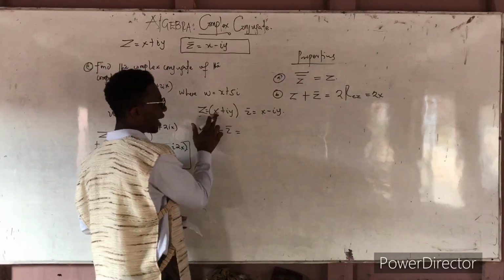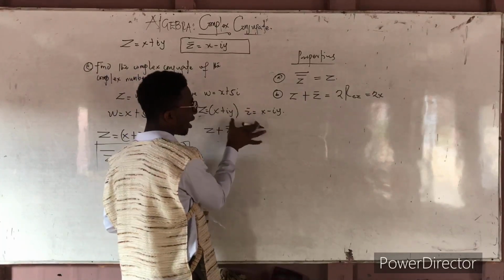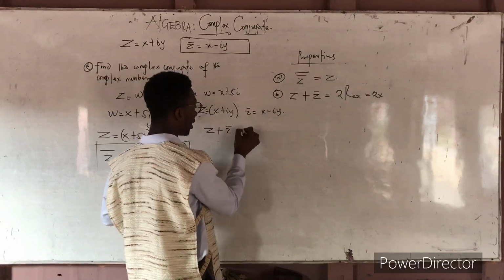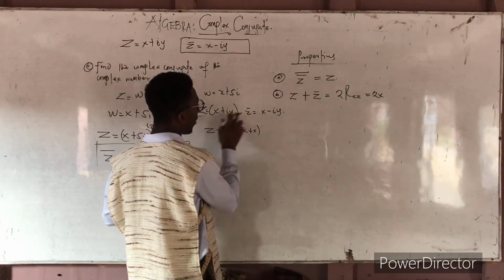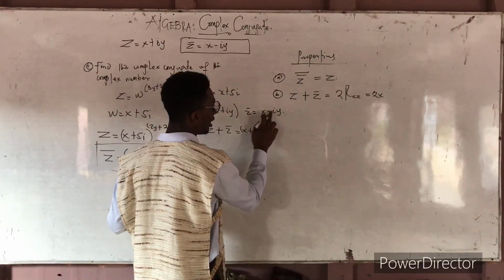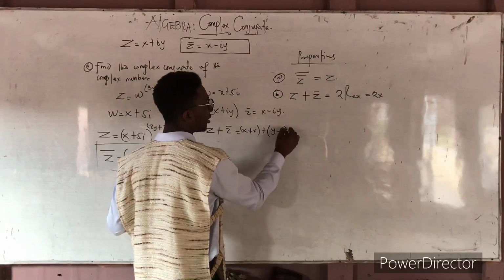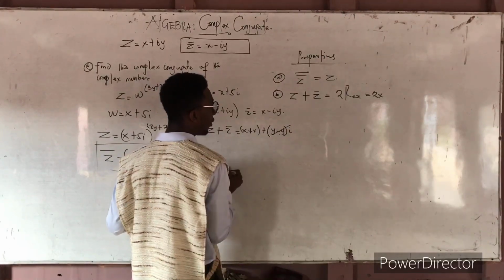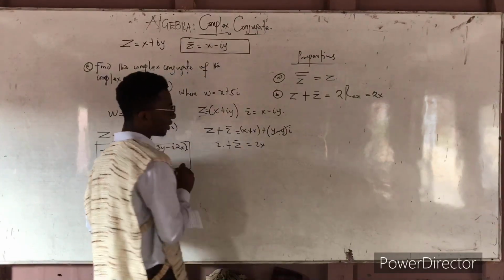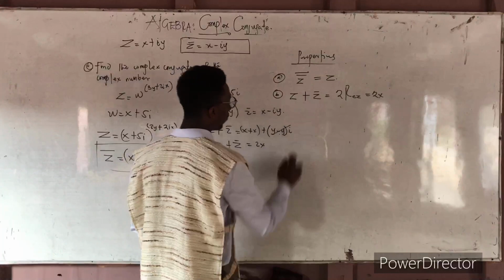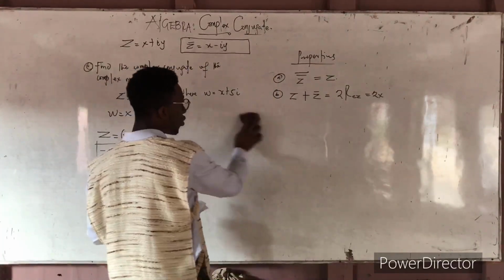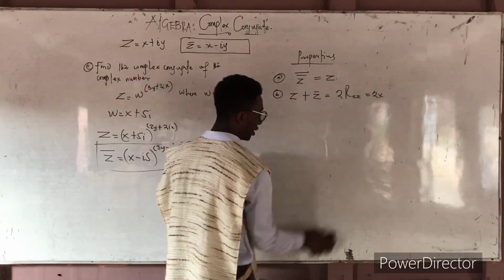We add the real parts and we add the imaginary parts. So now it becomes x plus x, and the imaginary part is plus y and minus y. You realize that this part will go to 0, so you get 2x. So anytime you add a complex number and its complex conjugate, it is 2 times the real part, the same as 2x.